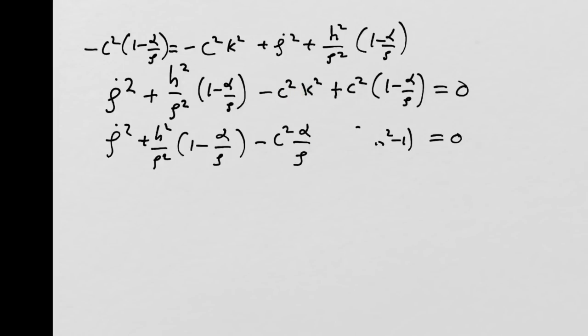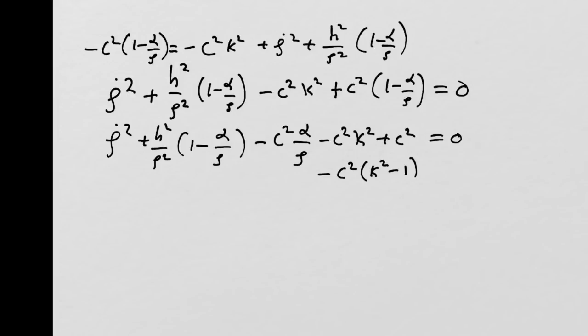Yeah. Let me get that right. This now becomes a minus c squared kappa squared plus c squared, which, if you pull out a minus c squared, you get minus c squared times kappa squared minus 1, right?